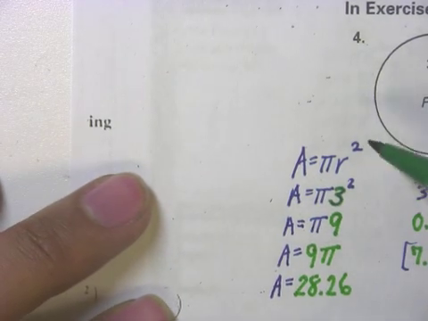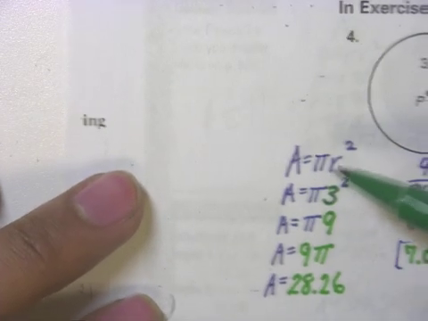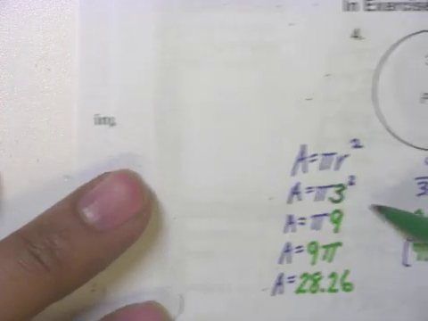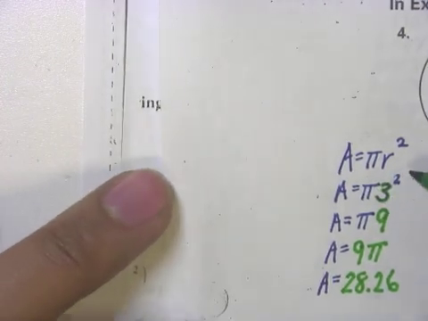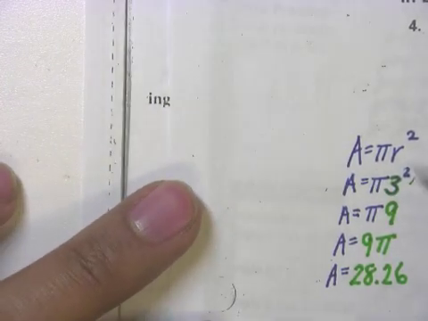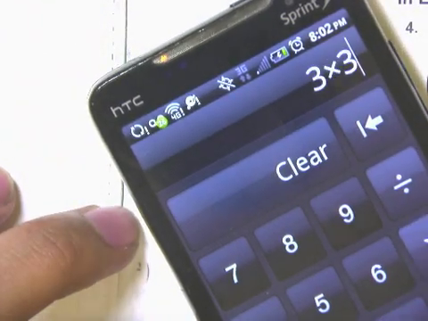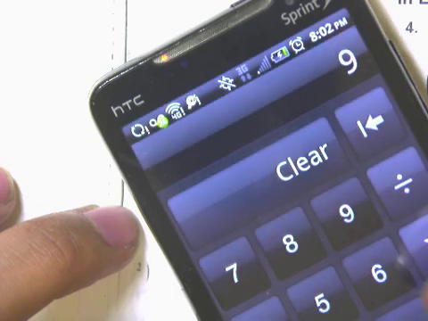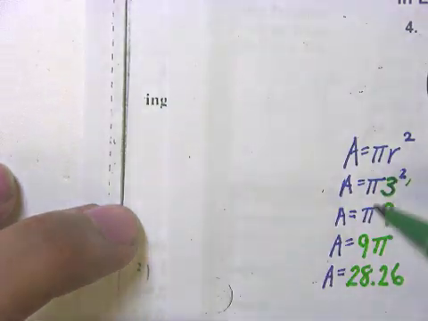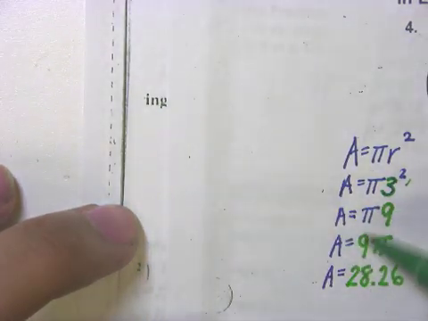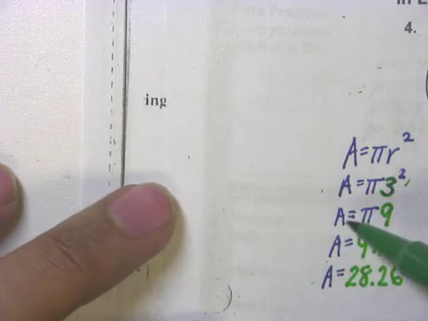Well, the first thing that I would want to know is the area of the circle, right? The area, A, is equal to pi r squared. The radius of this circle here is 3, so area is equal to pi times 3 squared. Remember that 3 squared is not 6, right, guys? Remember that 3 times 3 is 9.